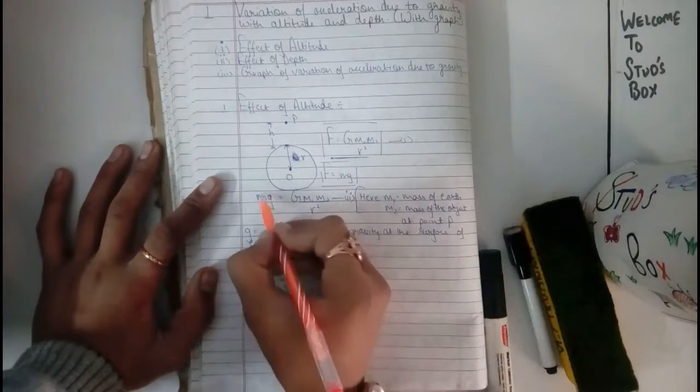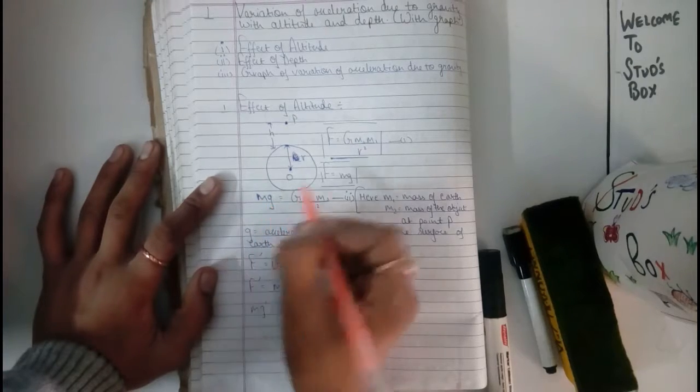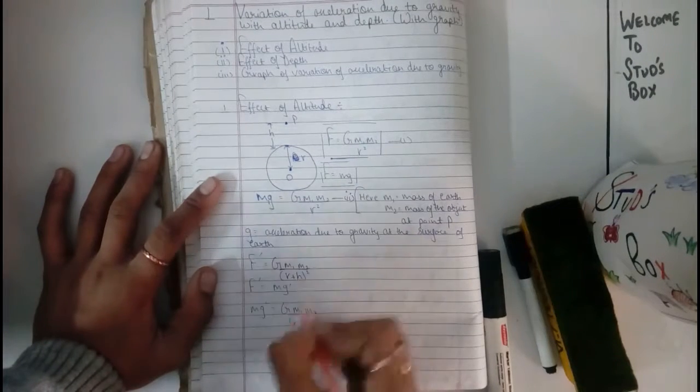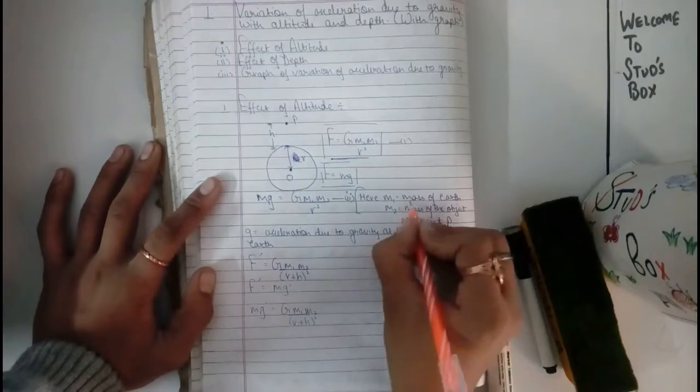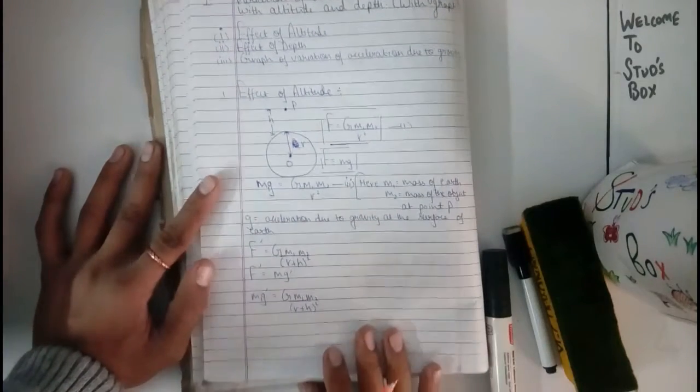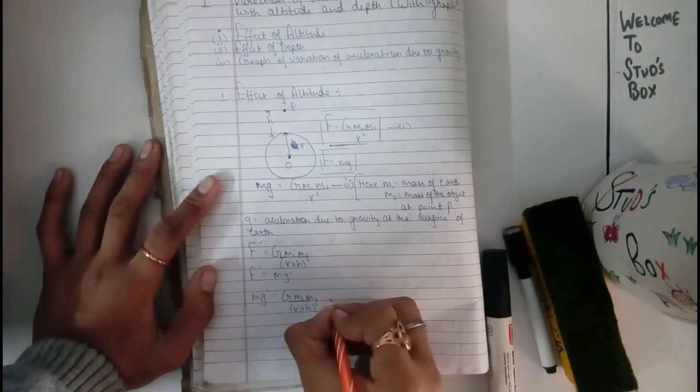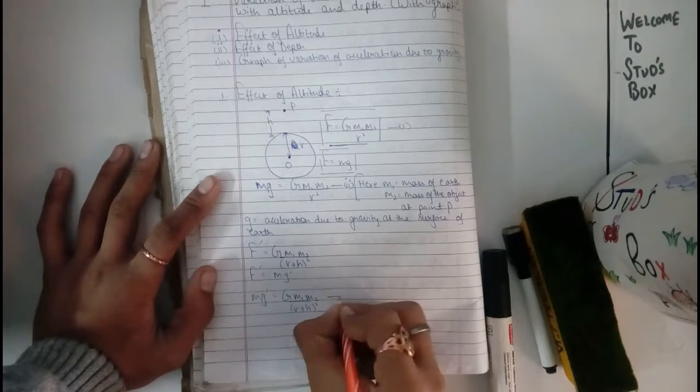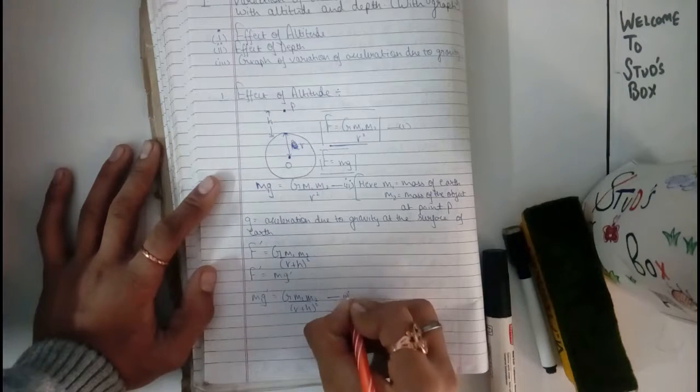You might be wondering what this m is. This is m1, that is the mass of Earth. Let's take this as equation 3.